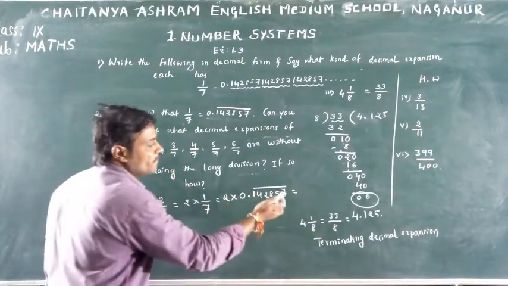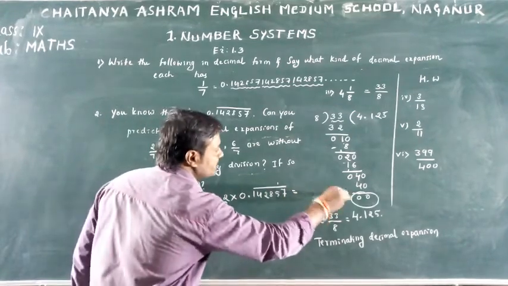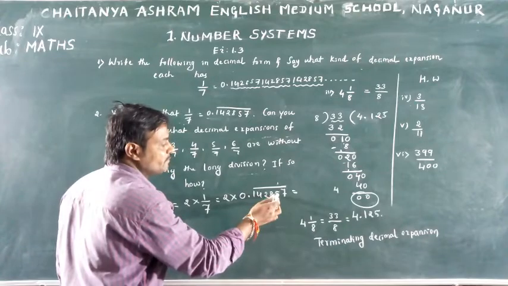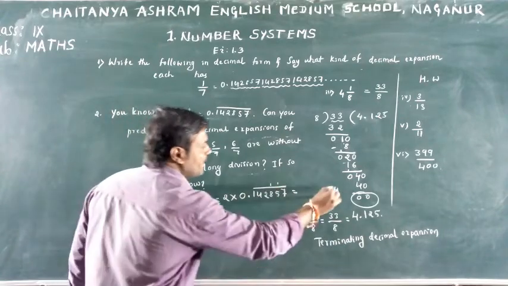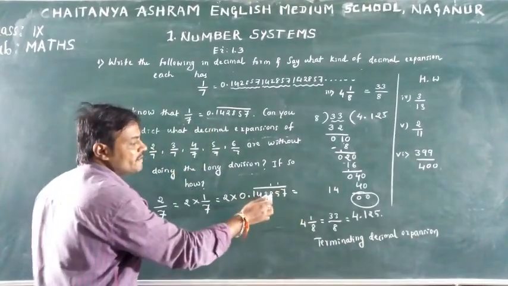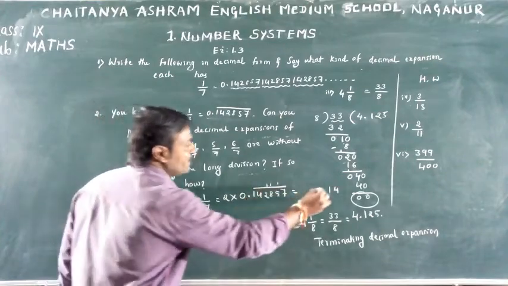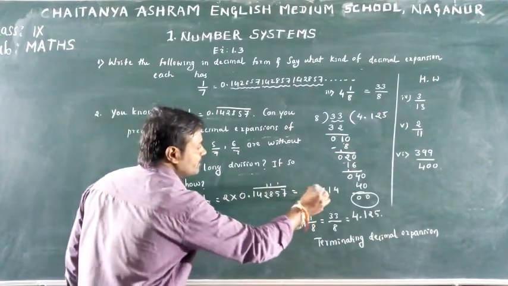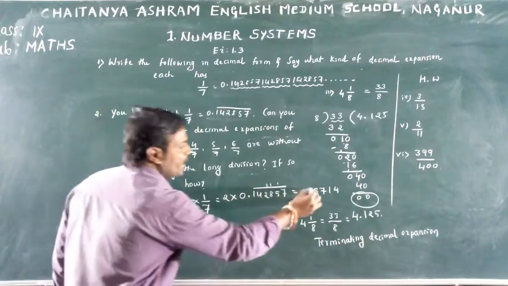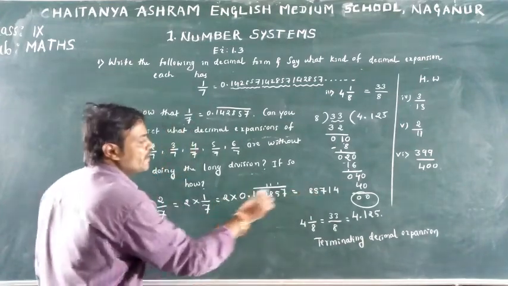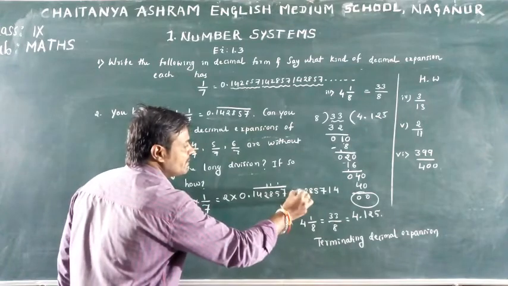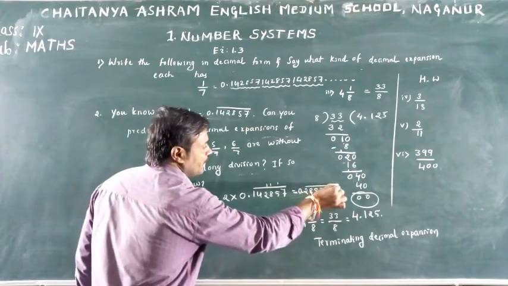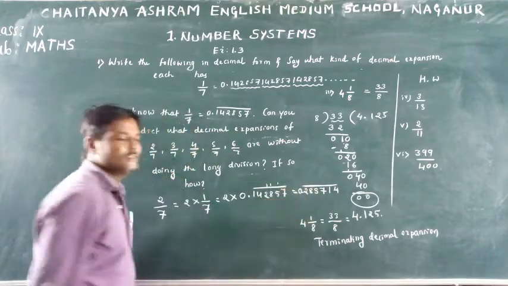So then don't worry, dear children, just multiply. 2 7s are 14, 2 5s are how much? 10, carry 1, 11. 2 8s are 16 plus 1, 17. 2 2s are 4 plus 1, 5. 2 4s are 8, 2 1s are 2. So 0.2 and write a bar over these digits.